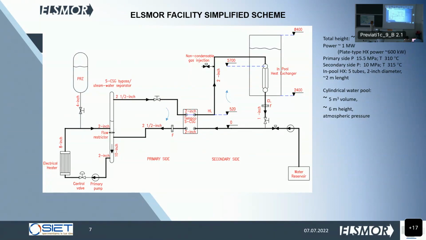And we have a natural circulation loop on the secondary side that heats up, boils water, steam enters this heat exchanger immersed in a pool, steam condenses, water goes back, turns here, and so on.